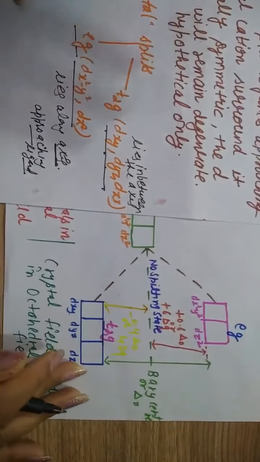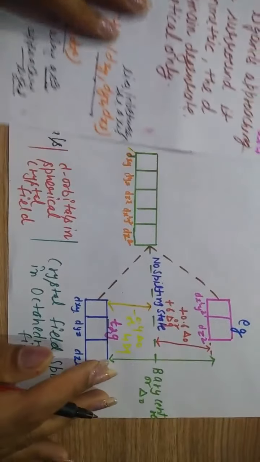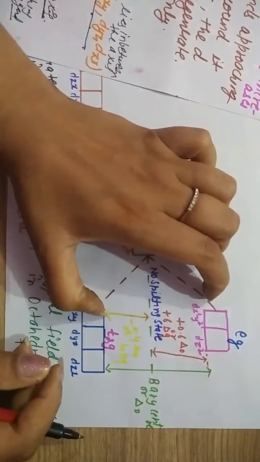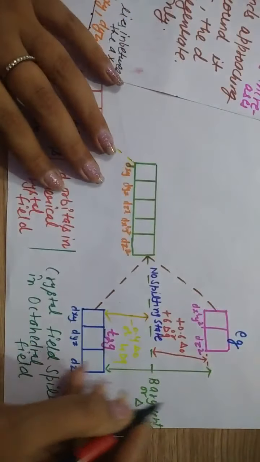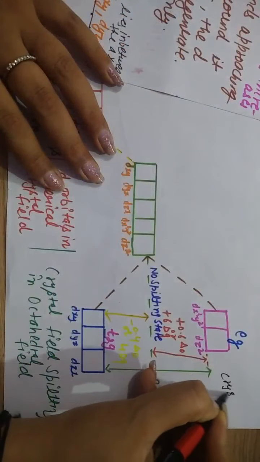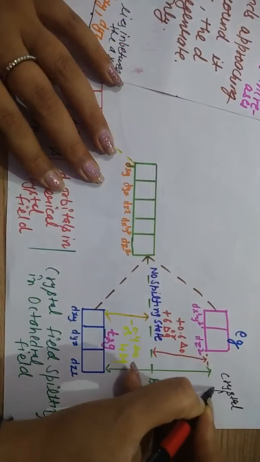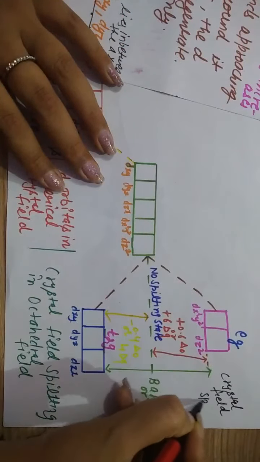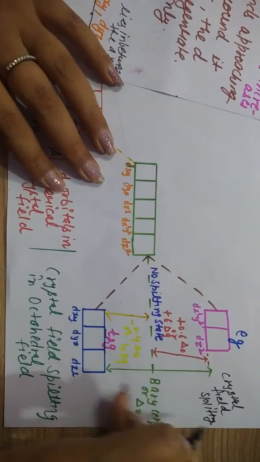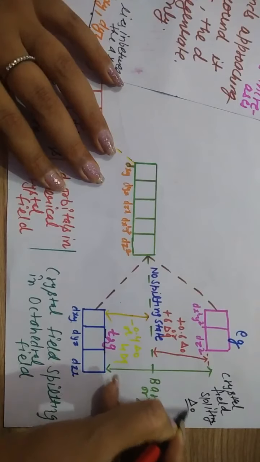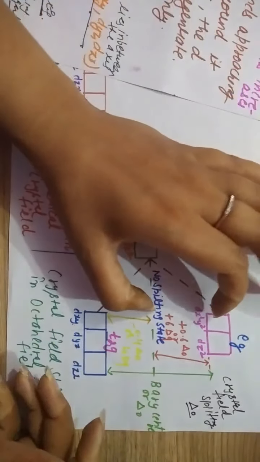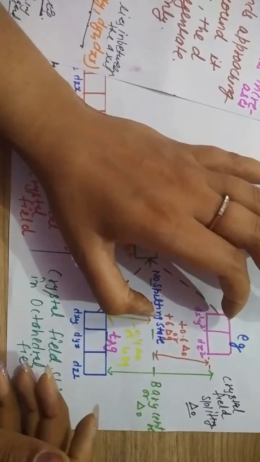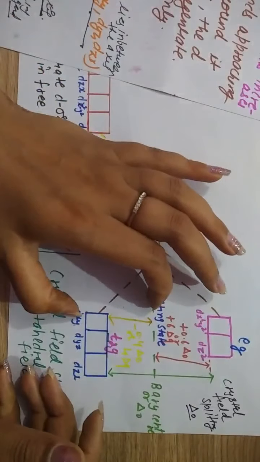The distance between the T2g and Eg orbitals is known as crystal field splitting, represented by delta O. Also, the total increase in energy is always equal to the total decrease in energy.